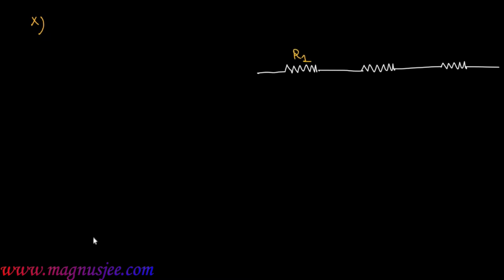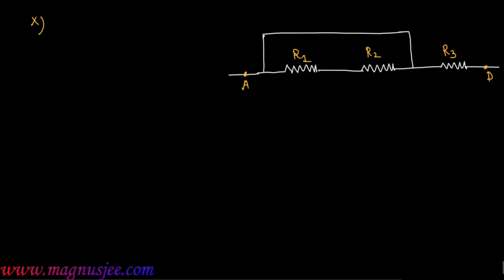Number 10 formula, in this case 3 resistors will be connected as shown in the figure. These are the 3 resistors which are connected to each other in this way: R1, R2 and R3, between the 2 points A and D. 2 terminals of R1 and R2 are connected by a connecting wire as shown in the figure.